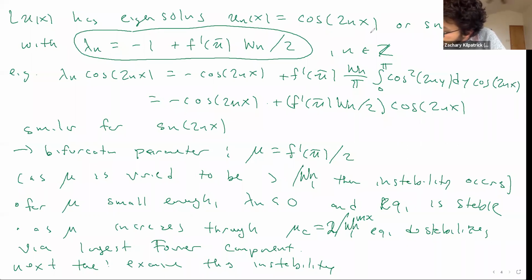Sorry, this should be 1 over Wn here. I'm rushing through this. In particular, you can describe exactly the nonlinear destabilization using an amplitude equation approach, similar to ones we've used in other multiple scales examples.